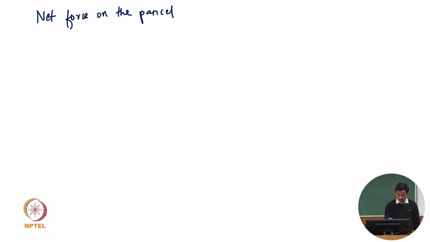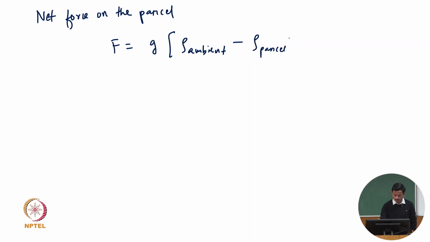So the net force on the parcel is F equal to g times rho ambient minus rho parcel. This is the difference in the density multiplied by gravity, the total gravitational force.